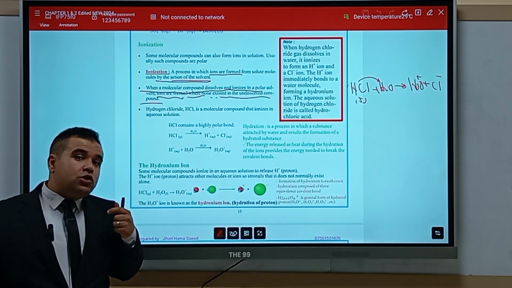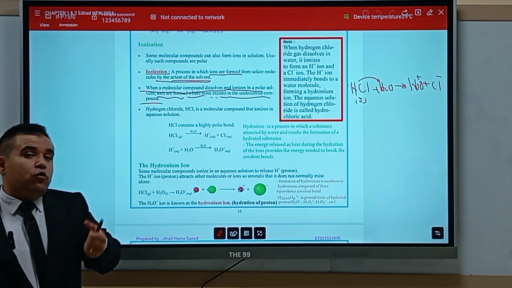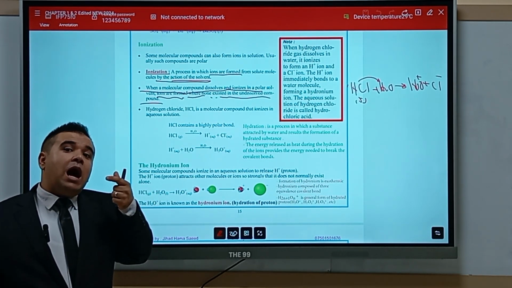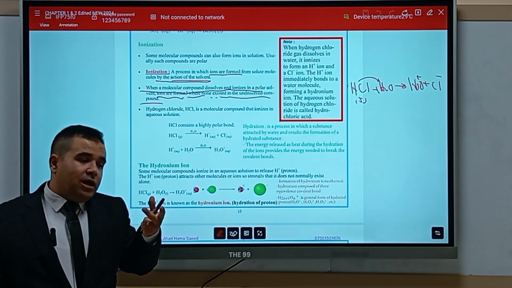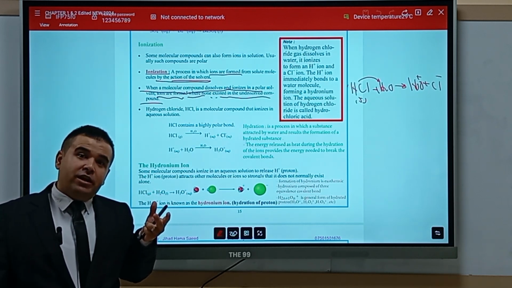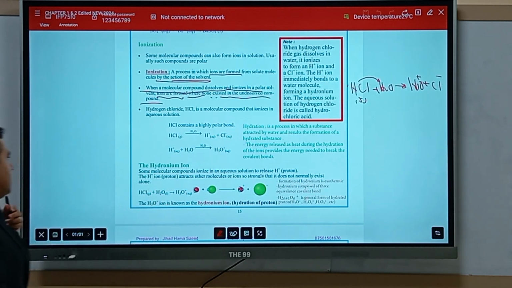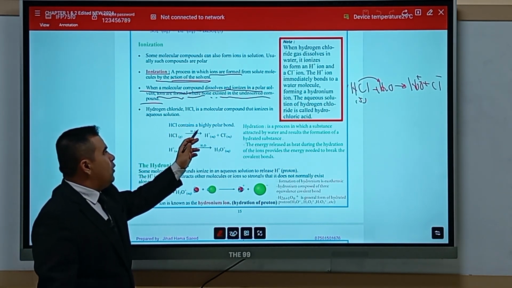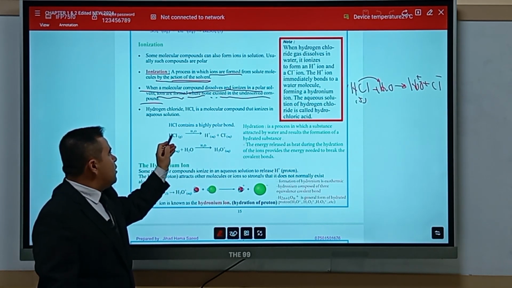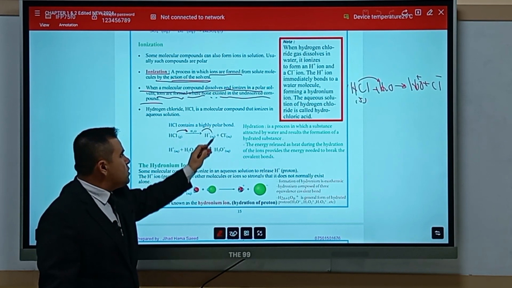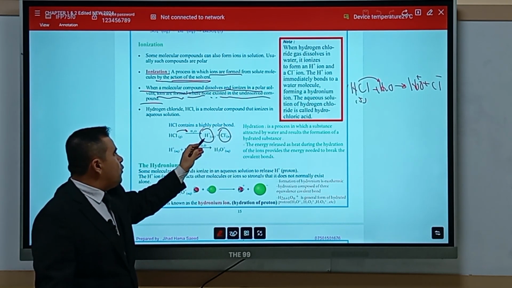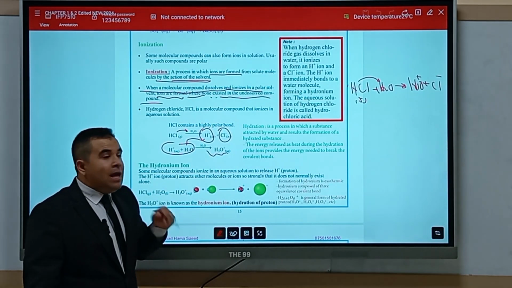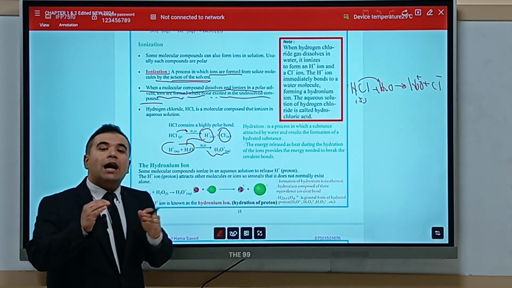But dissociation is specified for the ionic compound, and the ions are separated, and water is not a reactant, it is a medium in dissociation. HCl contains a highly polar bond, so HCl dissolves in water to produce proton and Cl, but the proton combines with H2O to form hydronium. And this process we call hydration.